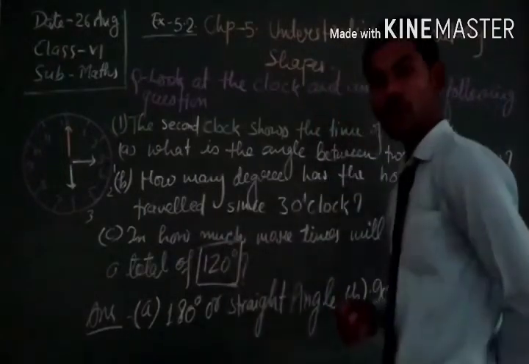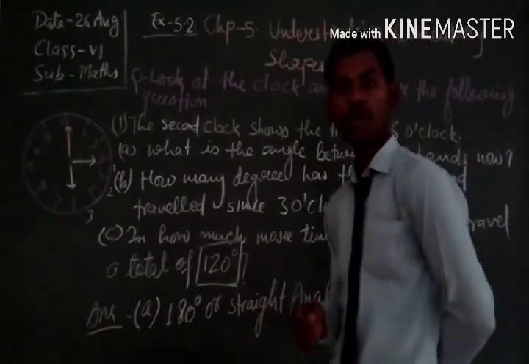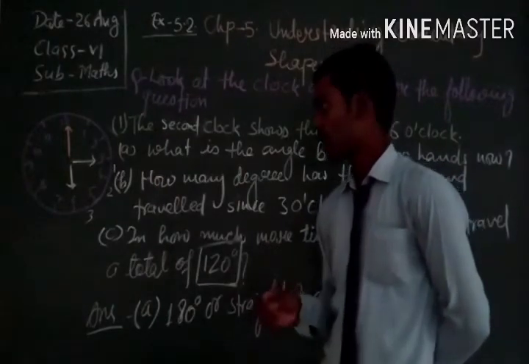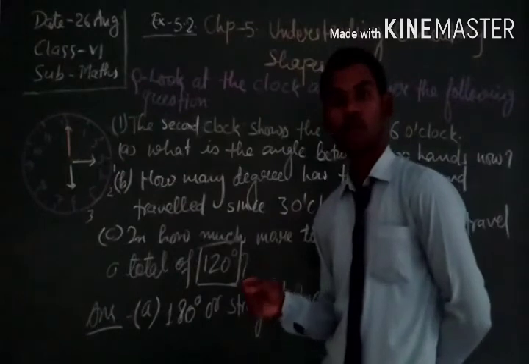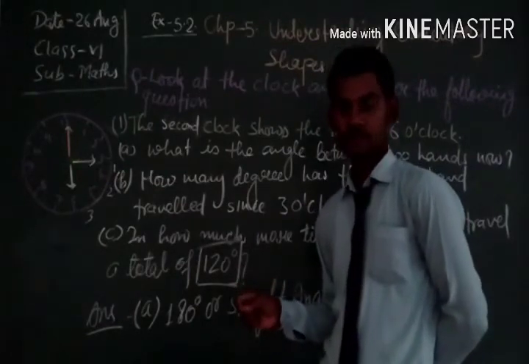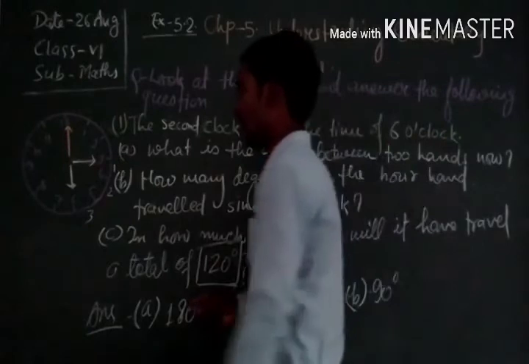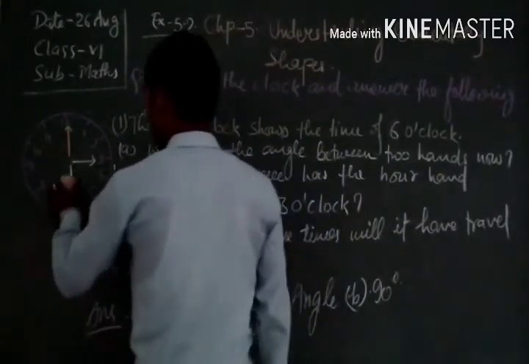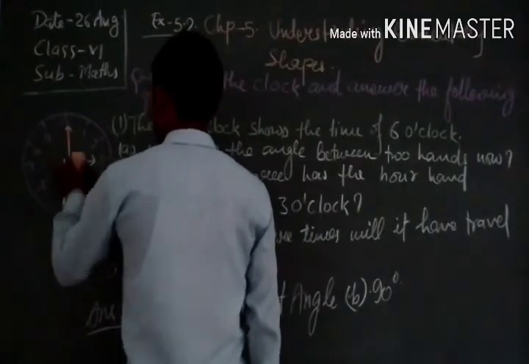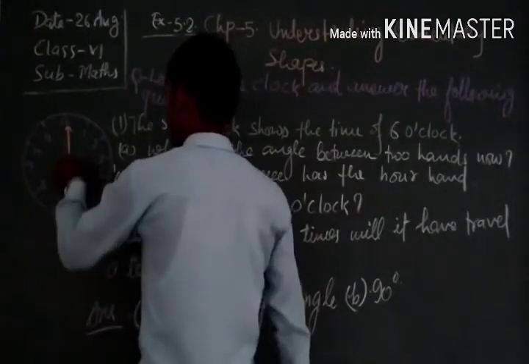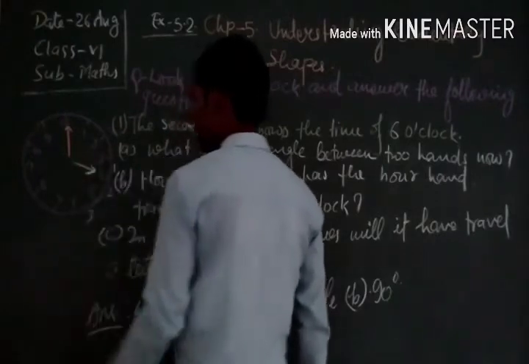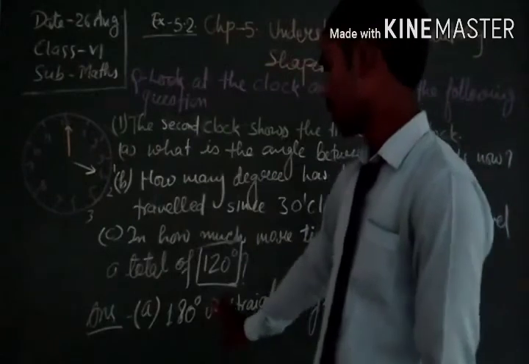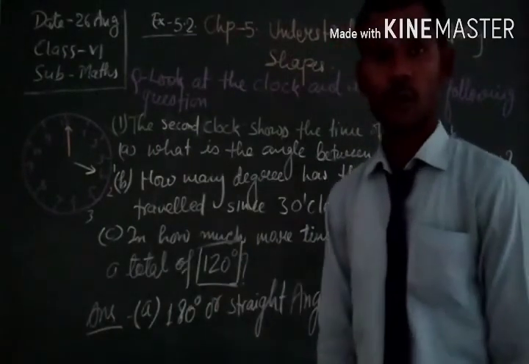Then, in order to form 120 degrees, the hour hand must be at the point 4. So when the hour hand reaches the point 4, then we get the angle of 120 degrees.